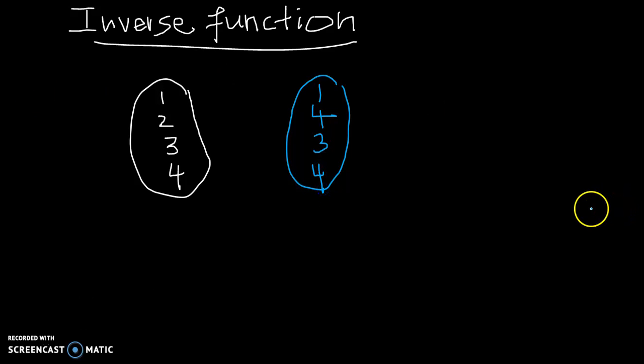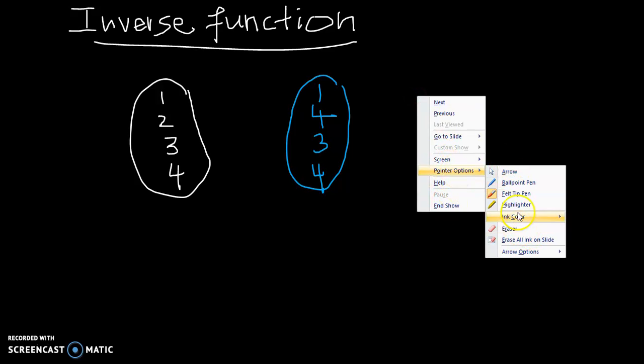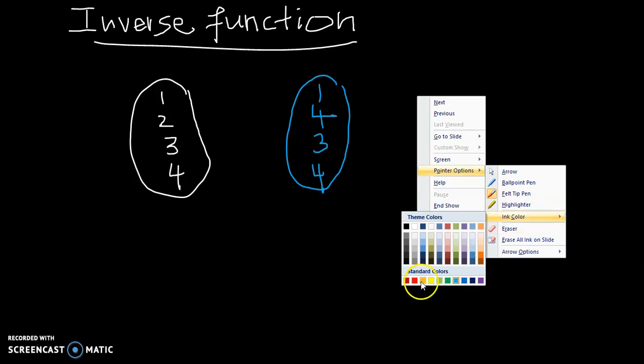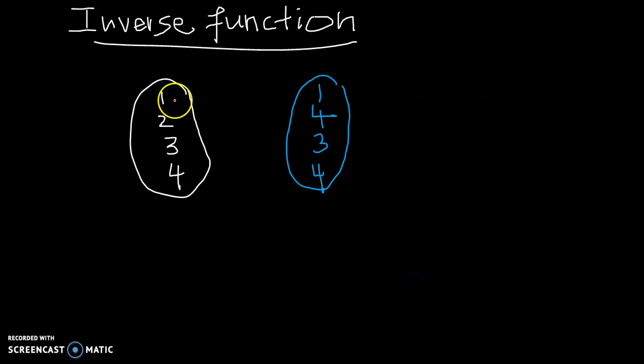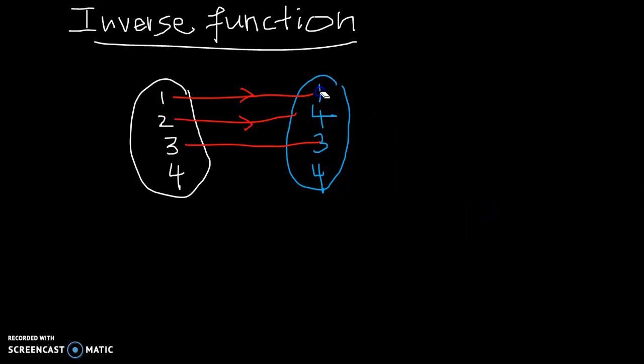Now I take a function between the two sets. I am making a connection from 1 to 1, one connection, 2 to 4, another connection, 3 to... actually this is not correct, it will not come correctly. I have to erase that, then I will take another function here: 1, 4, 9 I will take, and 16 I will take here.